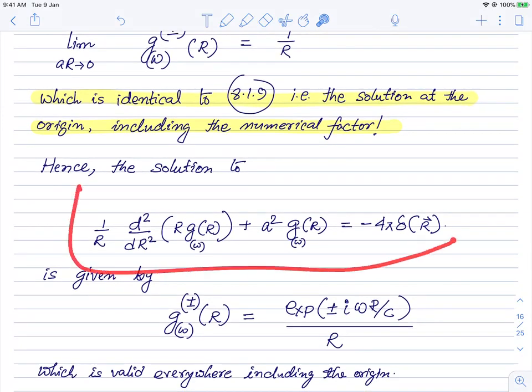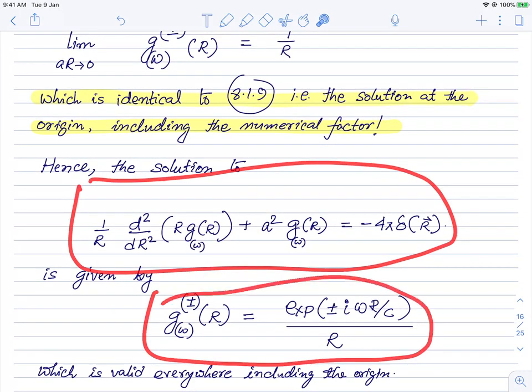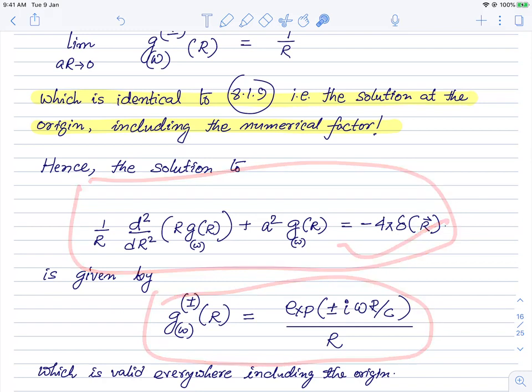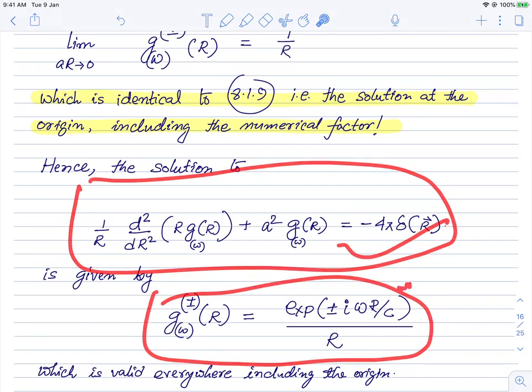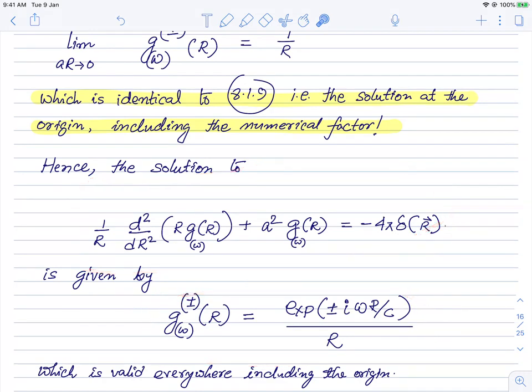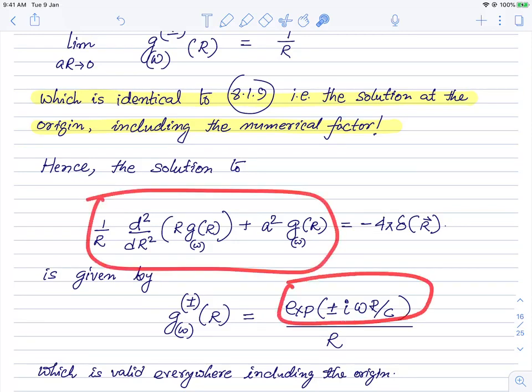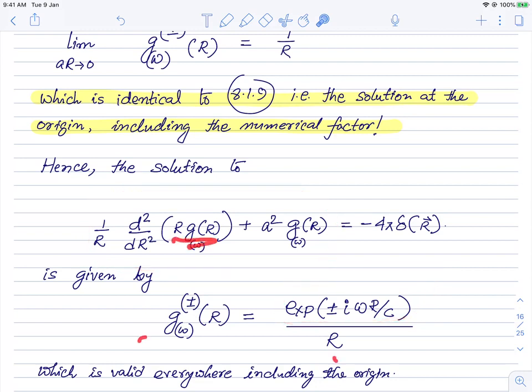Given this equation, we can write this solution, which is a solution to the full equation, both at the origin as well as away from the origin. Away from the origin, of course, it is a solution because this is a homogeneous equation. Away from the origin, this equation is a harmonic oscillator equation and it has solutions like this. We have to divide by r. It's a harmonic oscillator where the variable is r times t. But at the origin there is a problem.